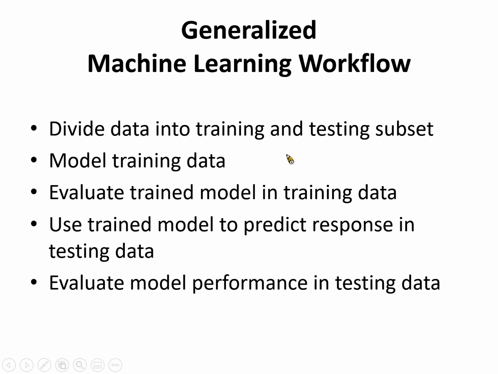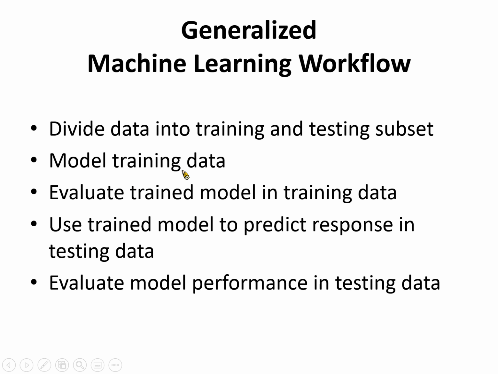This framework will be applied to many models we use in this semester. The first thing is to divide the data into training and testing subsets. And of course, we need to build a model to explain the training data.